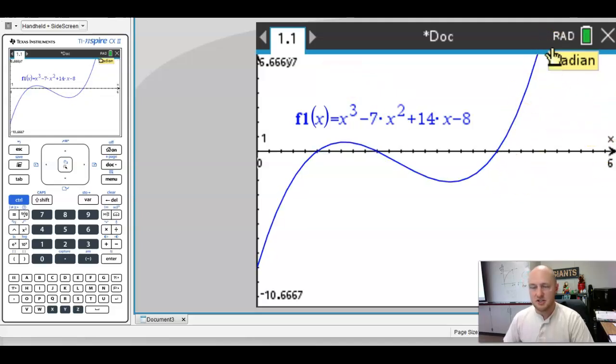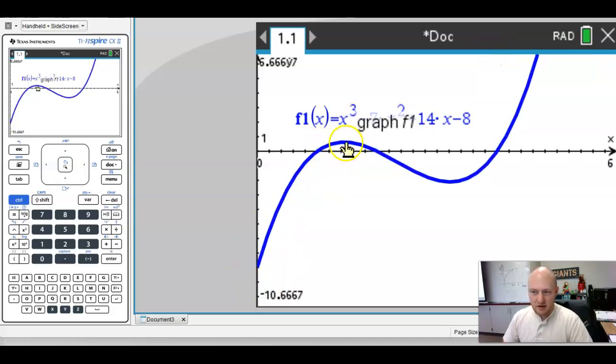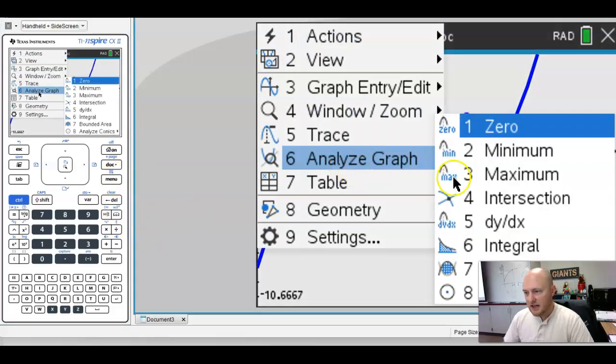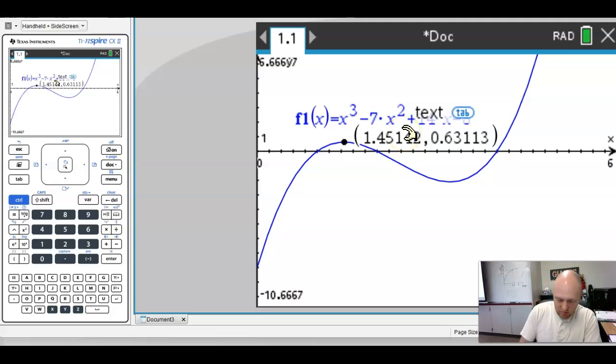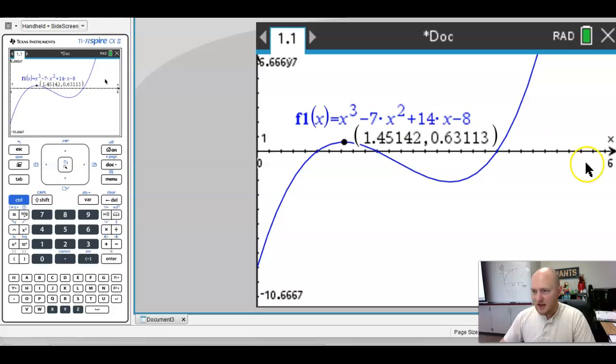So this graph continues to increase. I start at 0, and then it stops increasing here at this maximum. So I go ahead and analyze the maximum, and that is 1.451. And then it's also going to start increasing here at this minimum. Minimum on over, it's increasing.